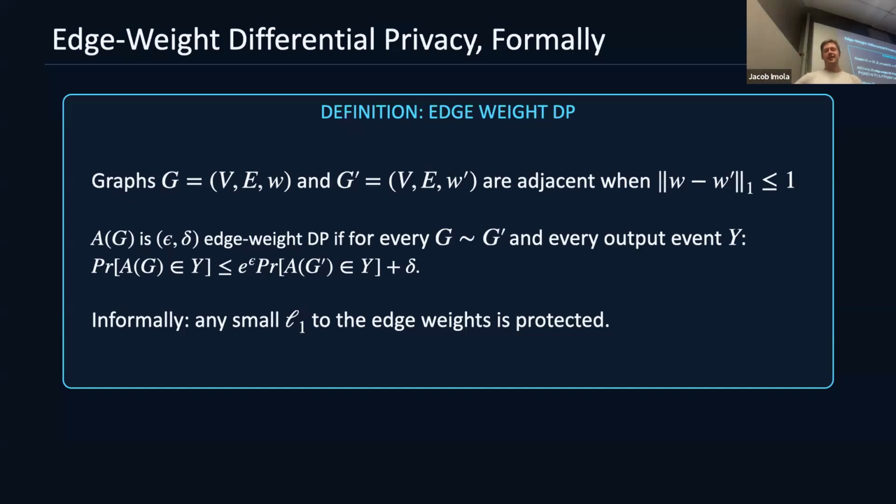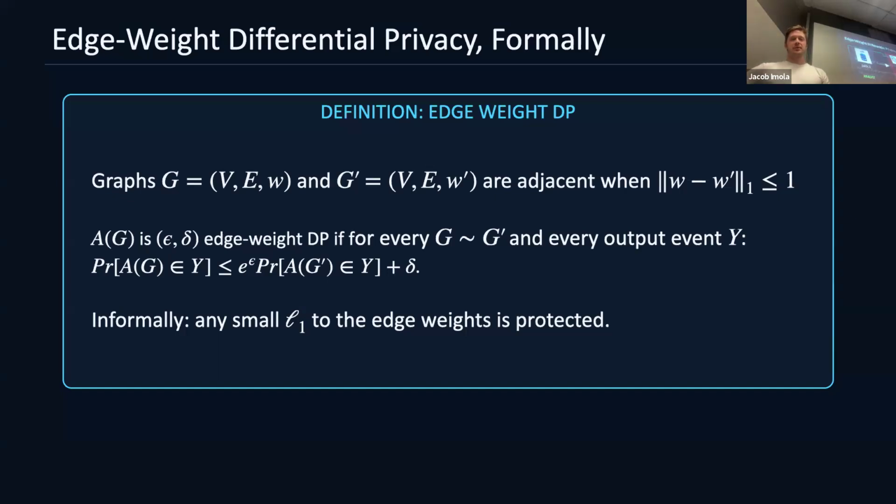We measure the closeness in probability distribution with this differential privacy way of doing it, which says that the probability of observing any event set, whether you have G or G prime, is roughly the same up to an e to the epsilon multiplicative factor and a delta additive factor. Informally, it's saying that any L1 change to the edge weights is protected, at least when epsilon and delta are small.